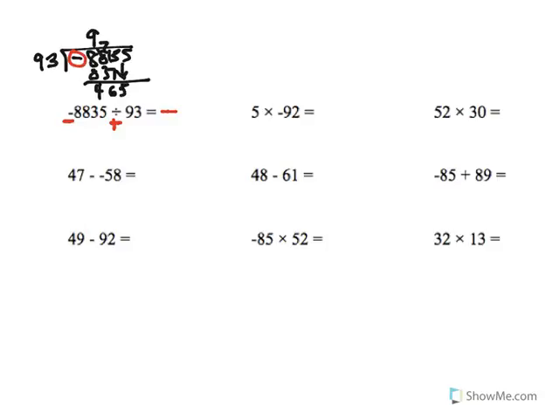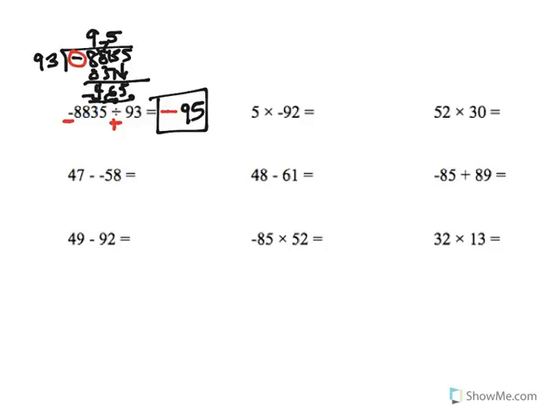Bring down the 5. 93 times 5 gives me 465. I subtract, I get 0. My answer is negative 95.